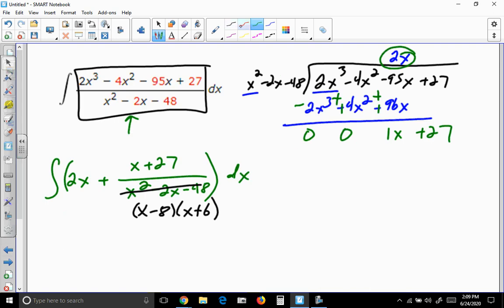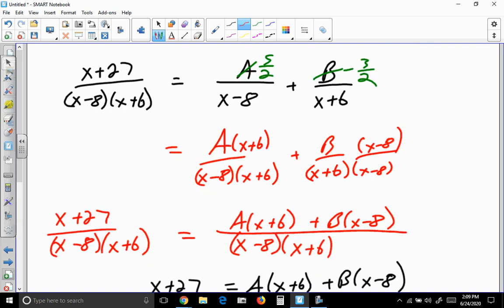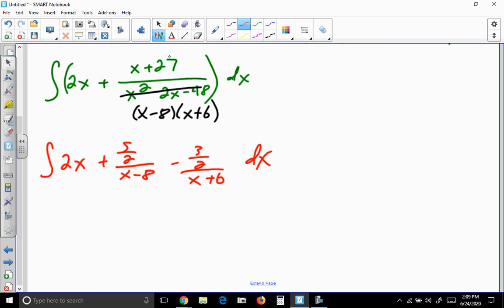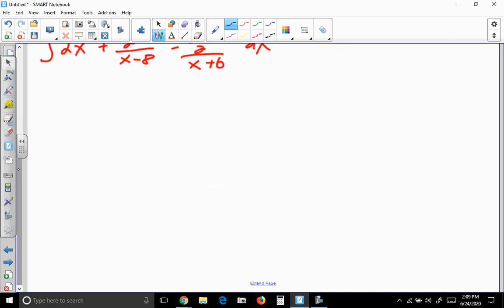That means we can rewrite our integral as 2x plus 5/2 over x minus 8 minus 3/2 over x plus 6 times dx. Make sure I copied that right. Yeah. So we decompose this fraction into two separate fractions. So now we just try to integrate.